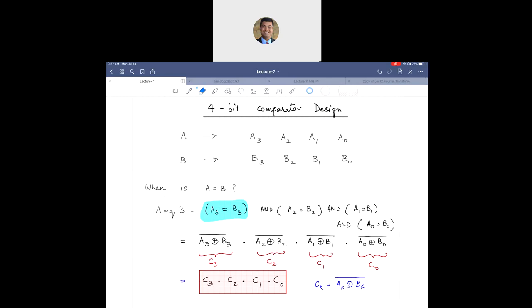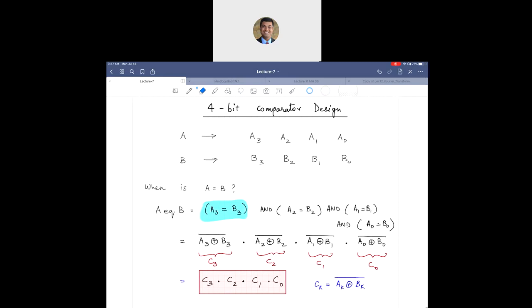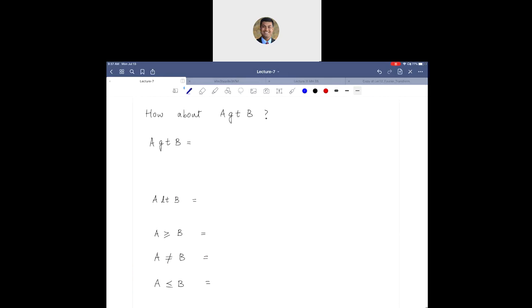Next. The next thing is, how about A greater than B? Now, in order to go forward with this explanation, I'll do this. 1010 or 1011, 0111.